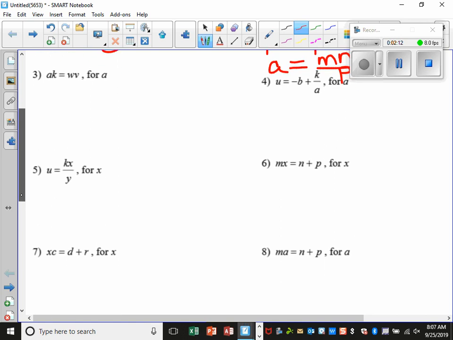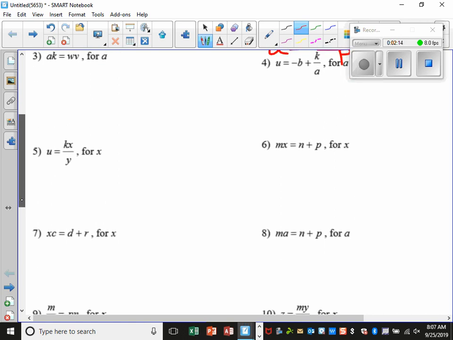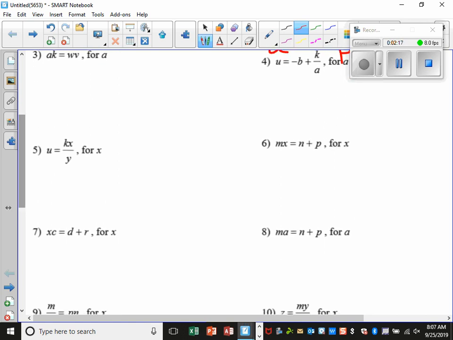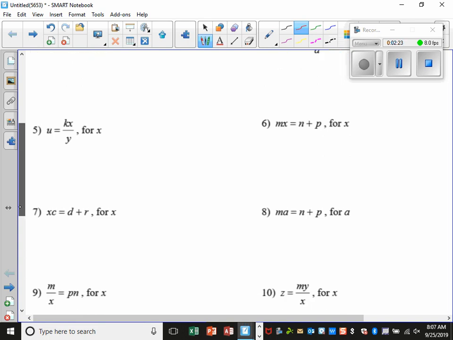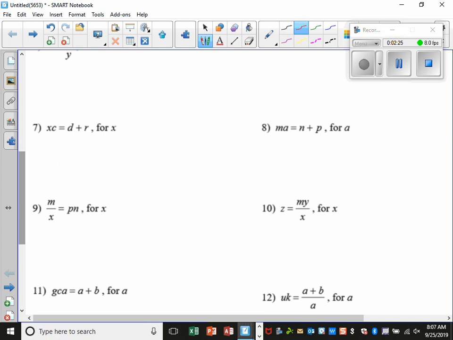All right, let's move on down to another one where we do a different operation here. Go down to 9. Okay, in question number 9, we are solving for x. So I'm just going to rewrite it so I'll have some space.